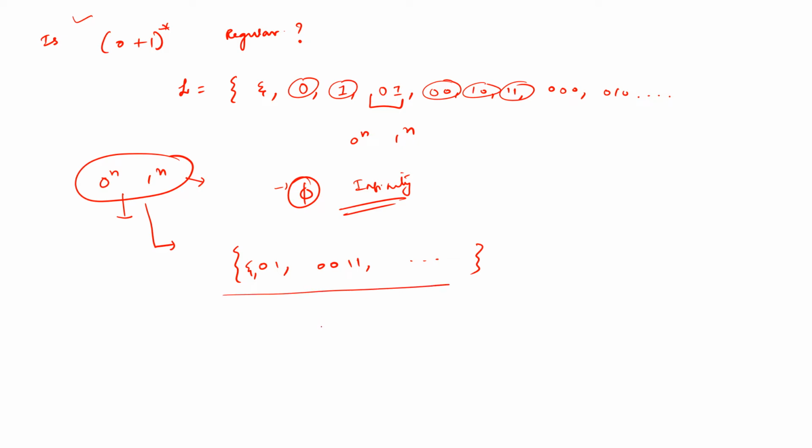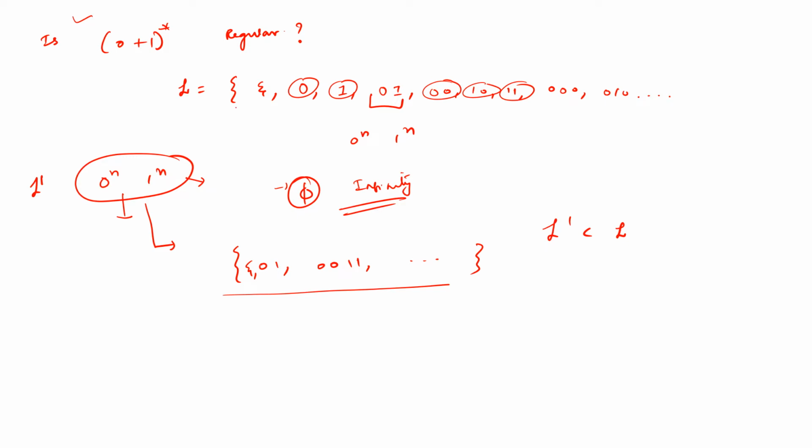No, no. In the previous example, you were saying that this is regular, but one thing you should notice is, let's call this language L prime. L prime is a subset of L. The strings that are accepted by a non-regular language can be a subset of a regular language.